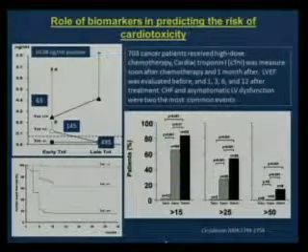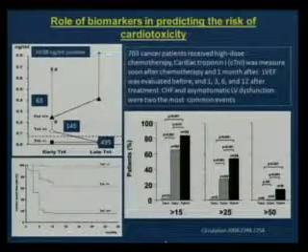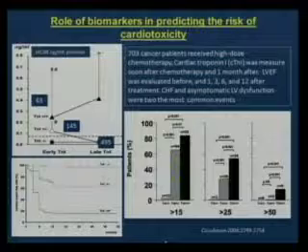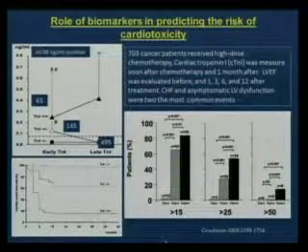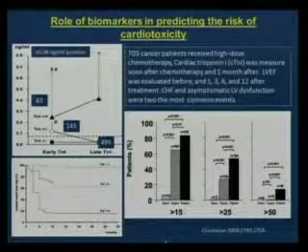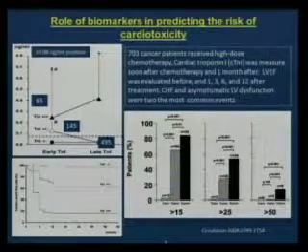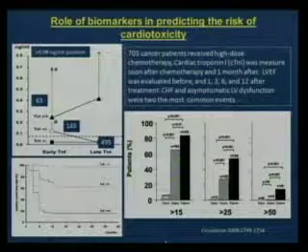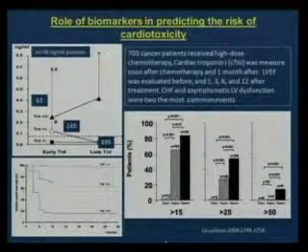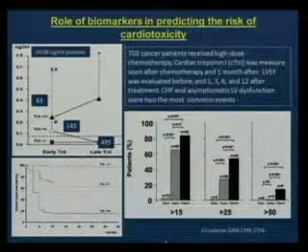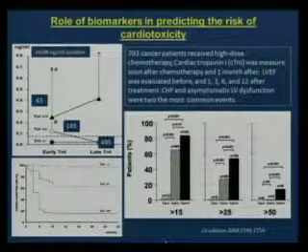In 495 patients out of 703, there was negative troponin before and after chemotherapy. 145 patients had positive troponin before therapy, but at the end of the course they were negative. And the remaining 63 were positive to begin with, and at the end of the course it still continued to be positive.